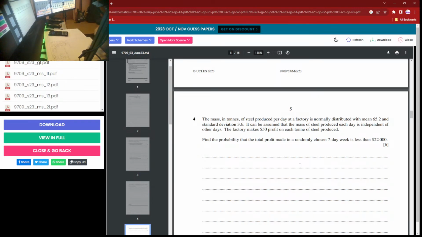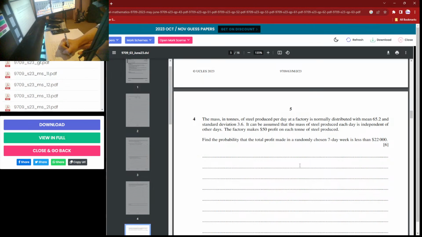Okay, and then the standard deviation is 3.6 tons. So the standard deviation will be equal to 7 times 3.6 times 50, which should be equal to 1,260. Okay, now we have the mean and the standard deviation.